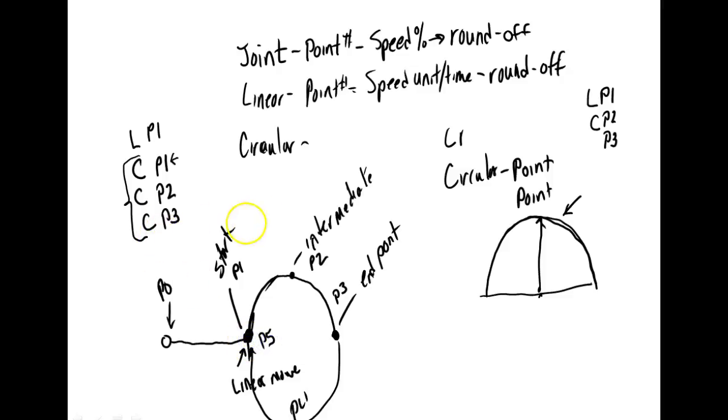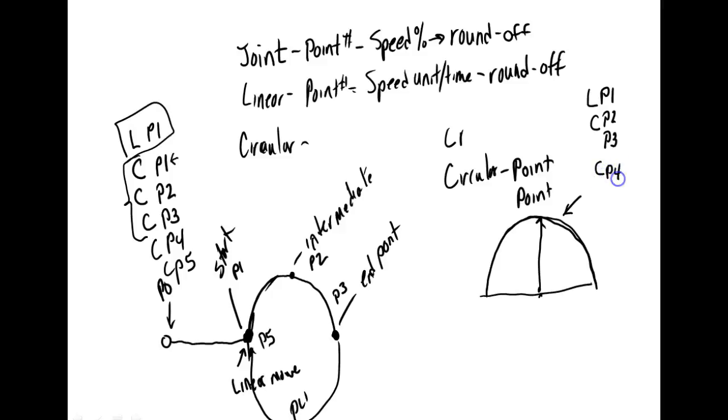Well, what you would do on the Motorman is just continue on. You'd do a circular to point 4 and a circular to point 5. So there's your 1, 2, 3, 4, 5, 6 moves, but your first one is going to be a what? A linear. Over here, you would just continue on the same way.